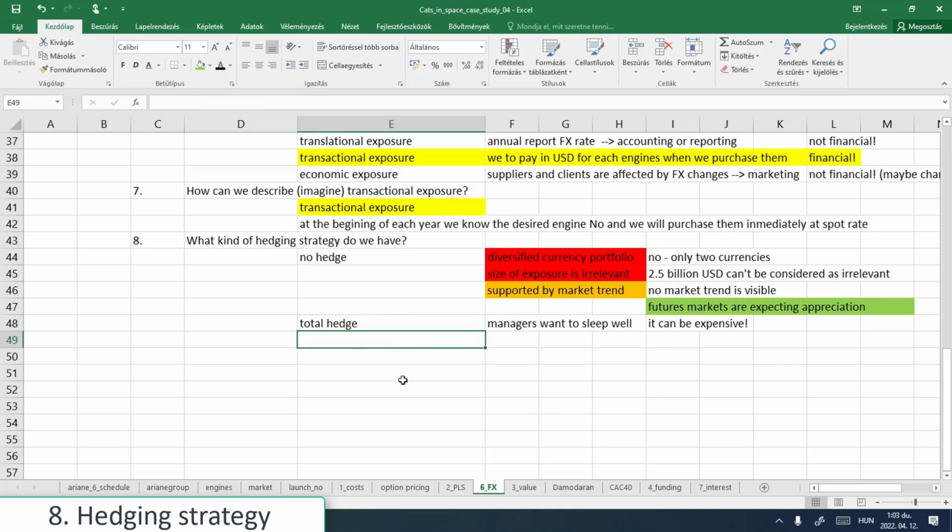So let's compare, because practically, okay, we were saying pro and contra here, but we need numbers. So option fees.